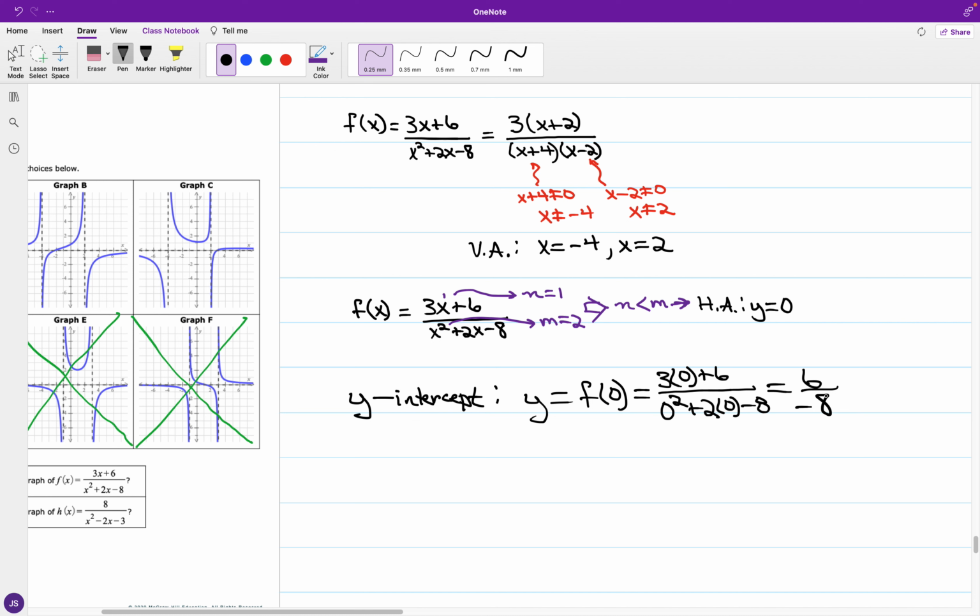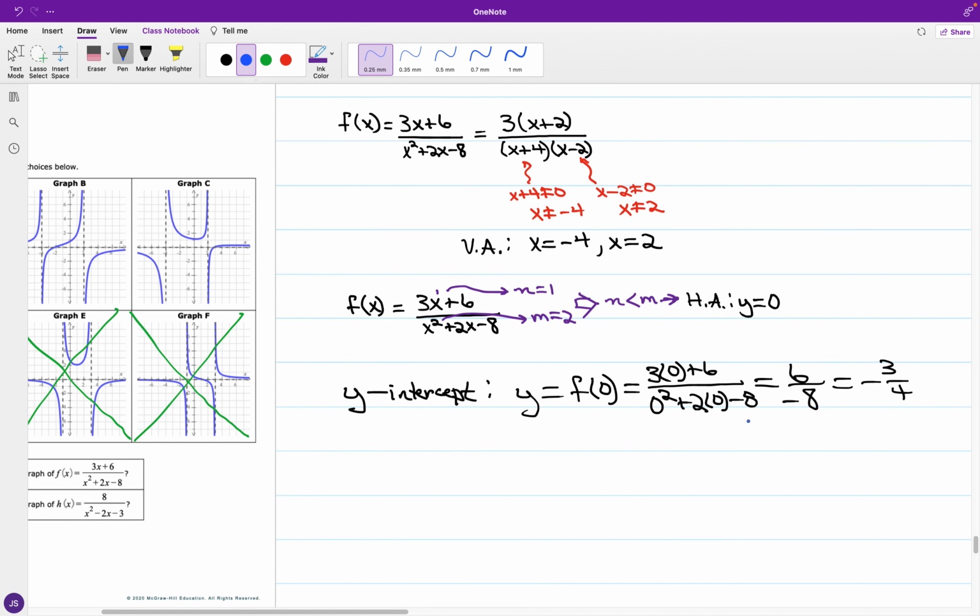So you have 6 over negative 8. The y-intercept is going to be a negative amount, minus 3/4. In coordinate terms, on the y-axis, we have 0, negative 3/4.